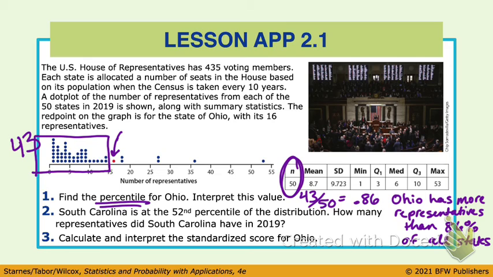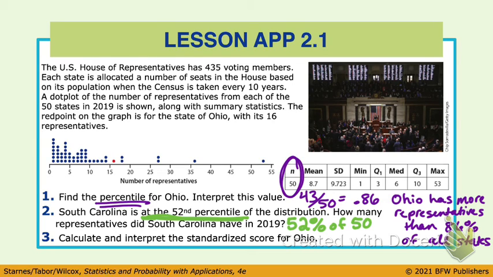Now it says that South Carolina is at the 52nd percentile of the distribution, and we have to find out how many representatives South Carolina had. So if South Carolina did better than 52% of the states, then we're going to find out what 52% of 50 is. And when I find that out, that gives me 26. So that means South Carolina was just better than 26 of the states.